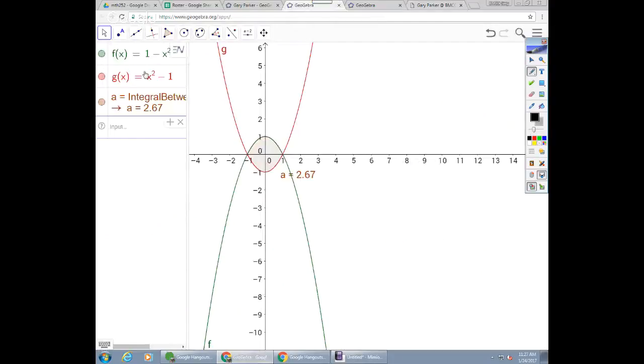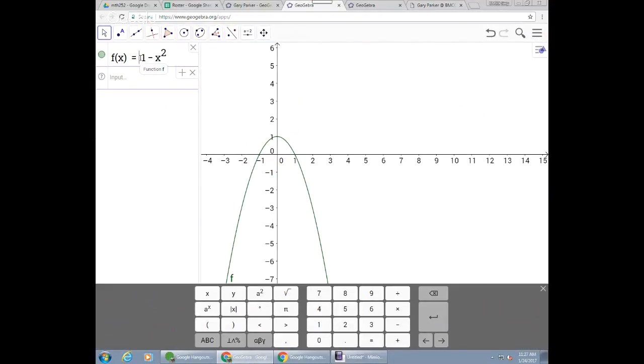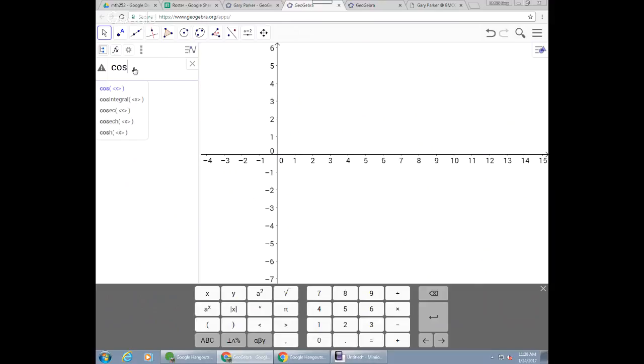All right, let's get rid of these guys. And we're going to graph cosine of x. Whoa, what are you doing out there? Oh my, that's not going well. Hello, GeoGebra, stop it. Okay, let's just start over. Cosine, I wonder if GeoGebra can handle that.